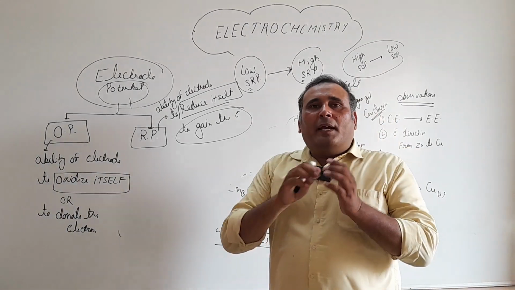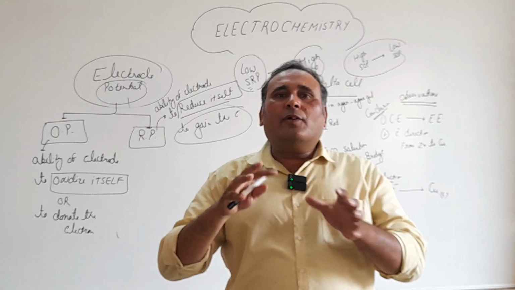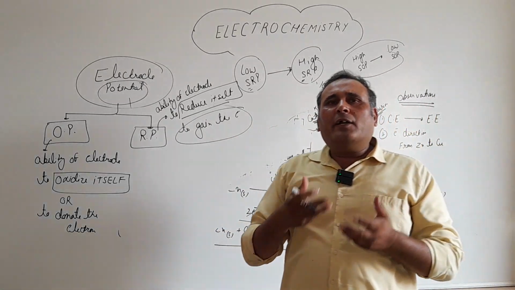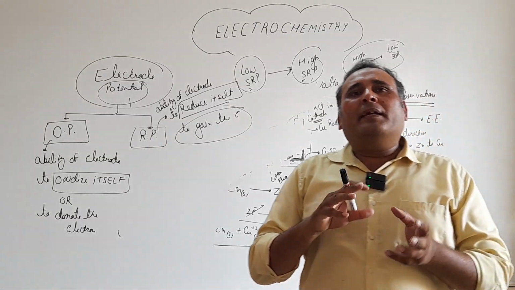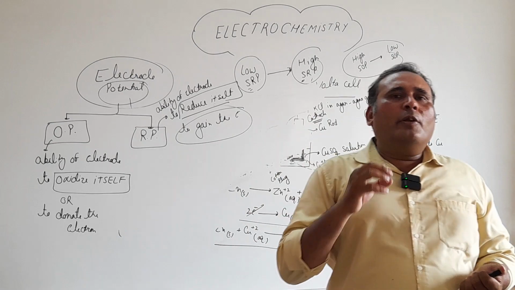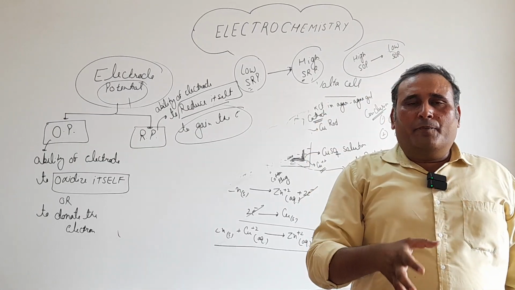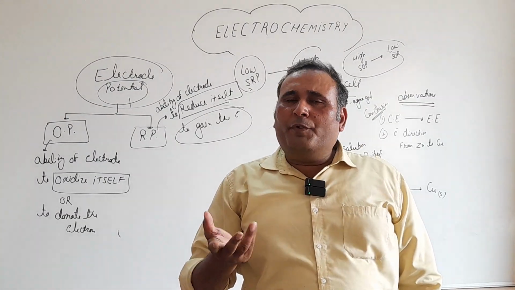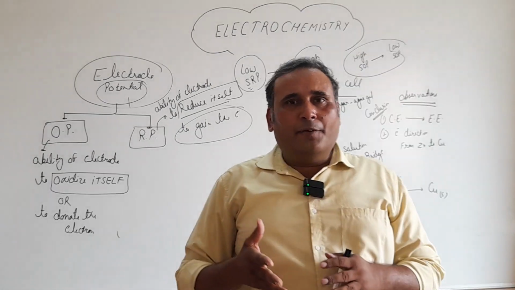Actually, SRP and SOP are opposite to each other, like oxidation and reduction. So when we are discussing SOP, SRP, electrode potential, we have to remember one thing: focus only on one term, either SRP or SOP. We should not change, because if you change, you will become confused.